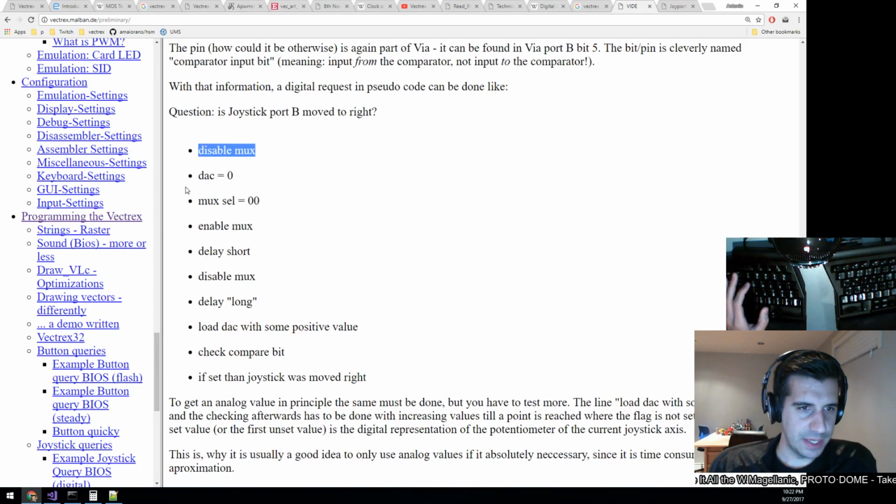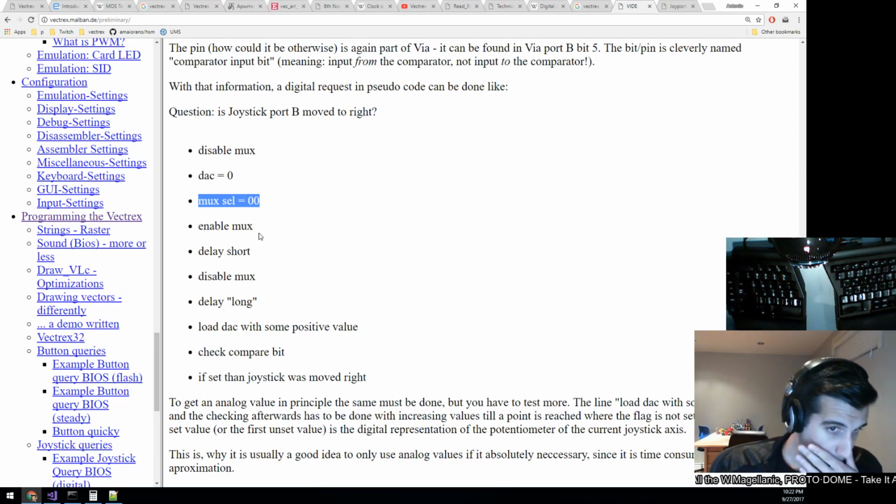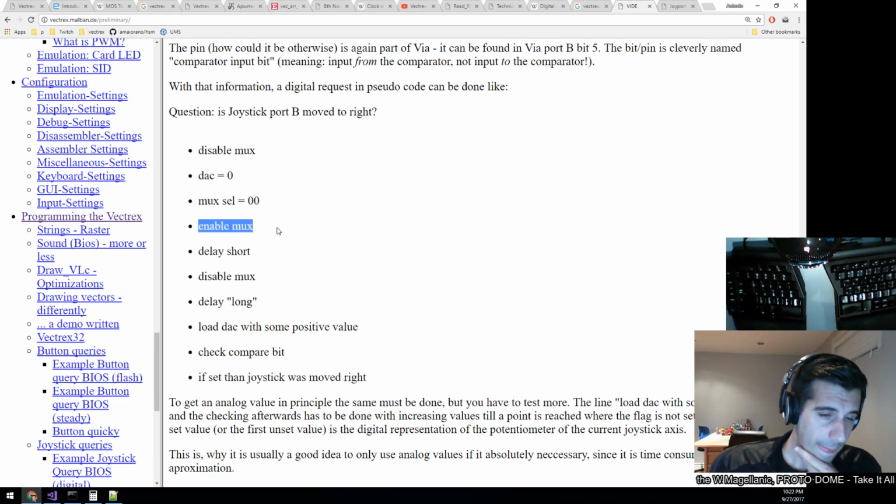So disable mux, DAC 0, mux selection 00, enable mux, delay short, disable mux. Wonder why you gotta go through this dance here.